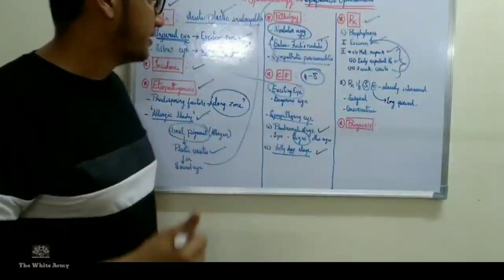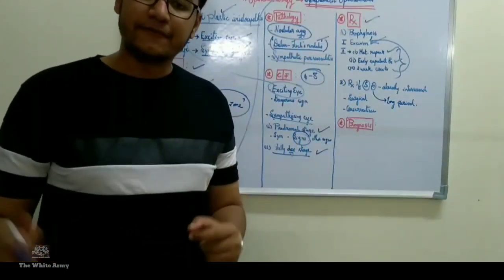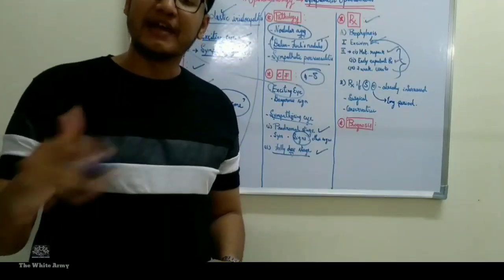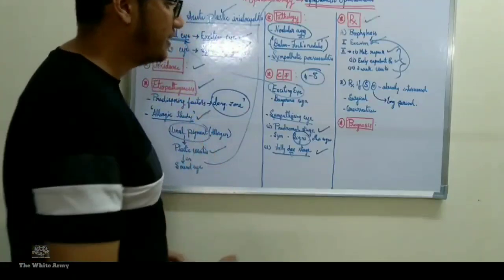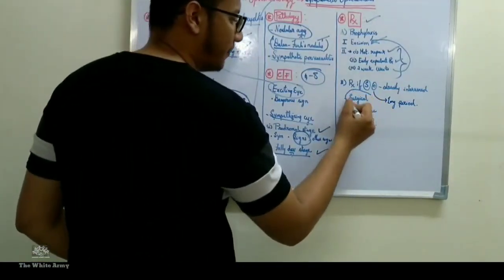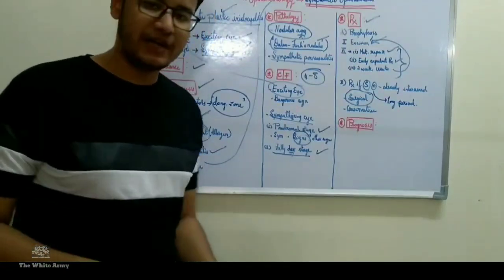And if sympathetic ophthalmitis has already set in, the surgical treatment, as I said, complete excision, enucleation of the eye, is very much required.